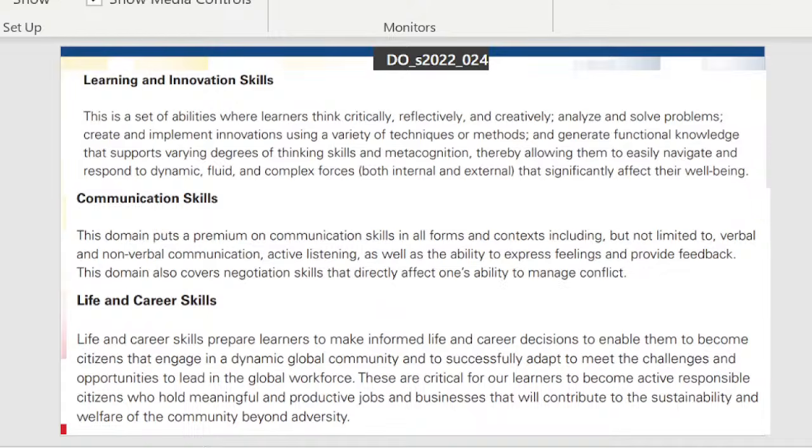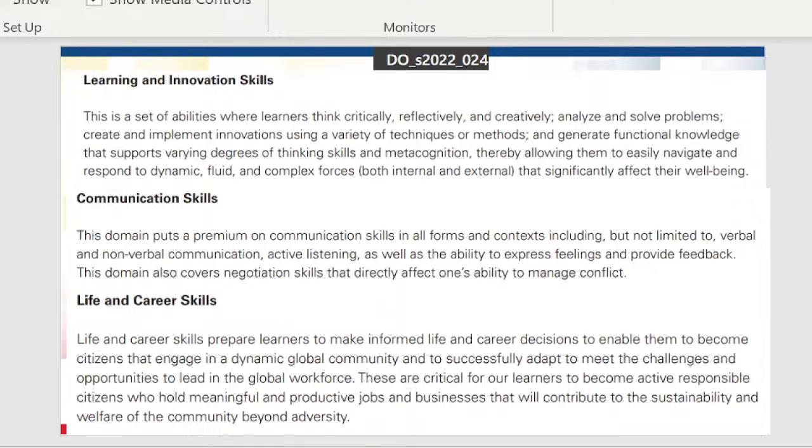So those domains, the learning and innovation skills, is a set of abilities where learners think critically, reflectively, and creatively, analyze and solve problems, create and implement innovations. It's learning and innovation skills. Communication skills put premium on communication skills in all forms and contexts.